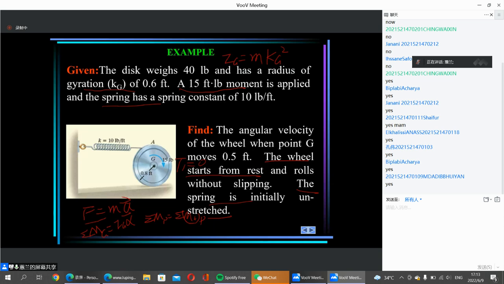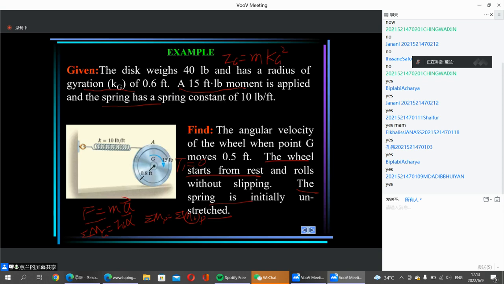However, the principle of work and energy is an equation that describes what happens during a period. So if the problem states that the rigid body goes from start, from T1 to T2, this time you need to use work and kinetic energy.